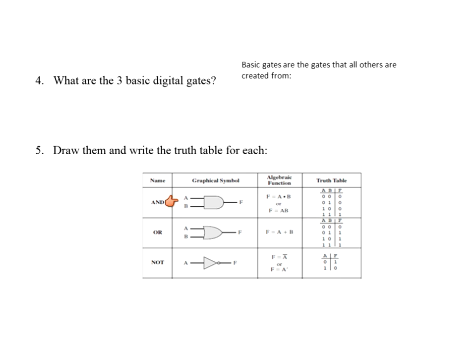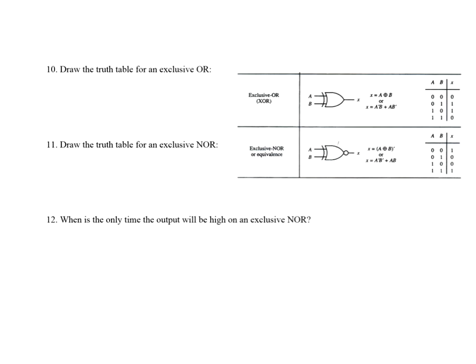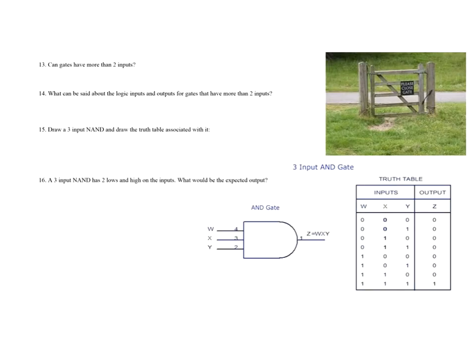So if I had a 10-input AND, all 10 inputs would have to be high before I get an output. If I had a 10-input OR gate, I'm going to get an output if there's a 1 on any of those 10 inputs. So my point there is it's going to behave like any other gate except the rules apply to all of the inputs.